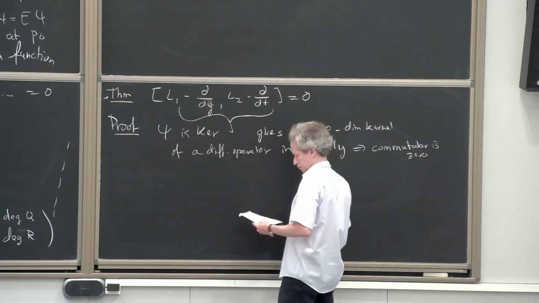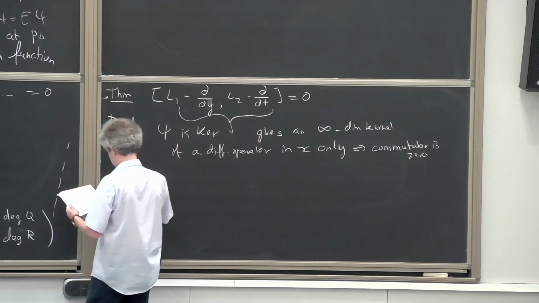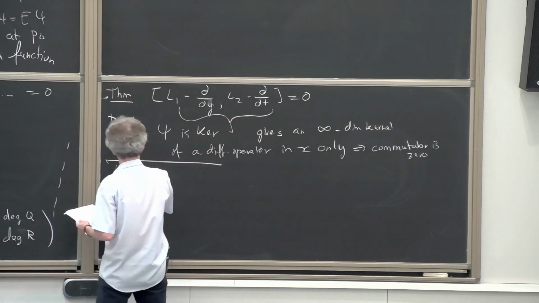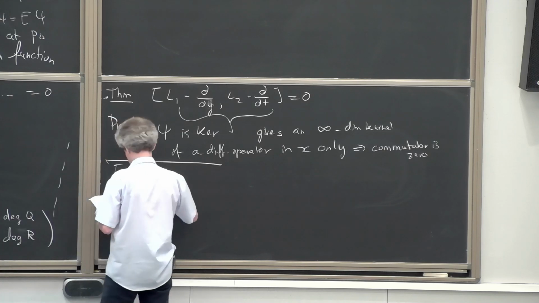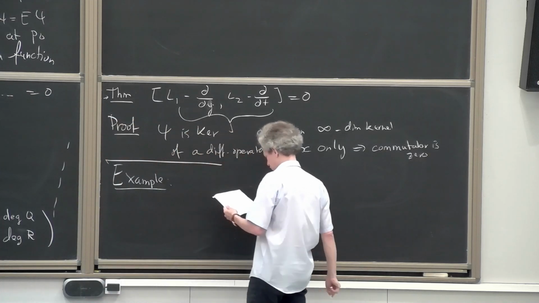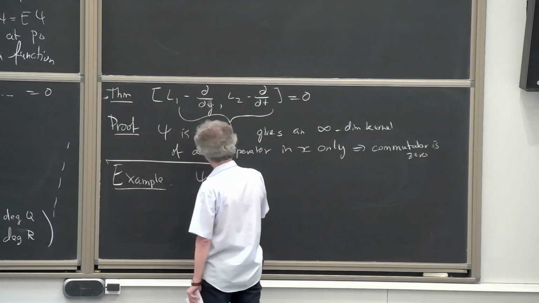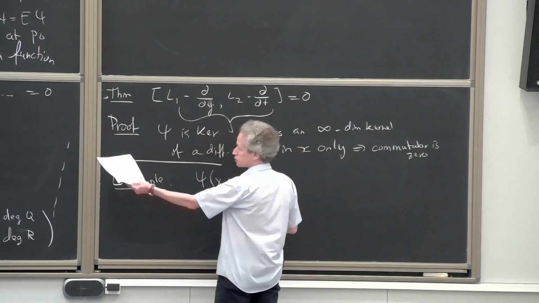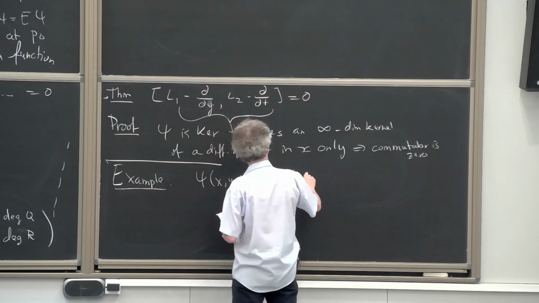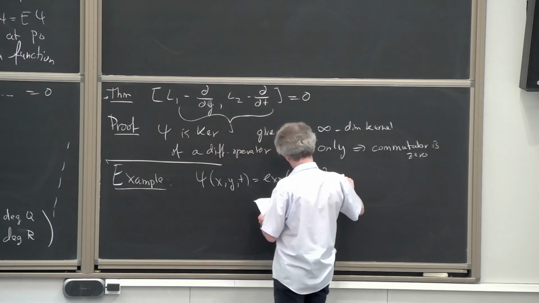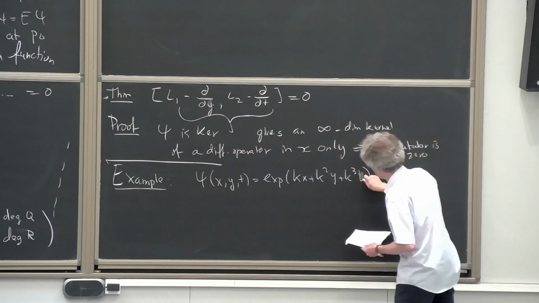I want to do an example. So my function psi of x, y, t, in the simplest case I wrote before, is the exponential of kx plus k squared y plus k cubed t, right?